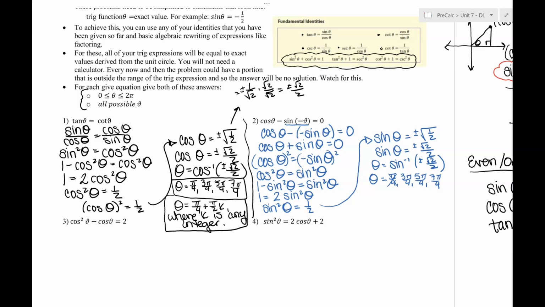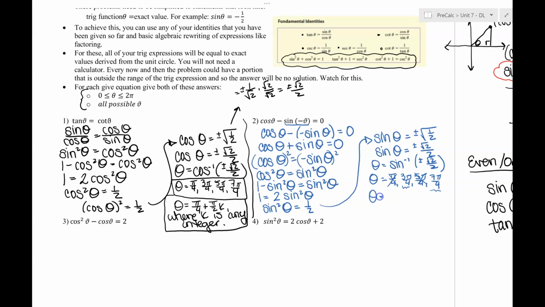The cosine of 3 pi over 4 is a negative rad 2 over 2. What about the sine of negative 3 pi over 4? Well, we'd be in the third quadrant. Sine is negative. That one works. What about 5 pi over 4? Nope. But 7 pi over 4 works.